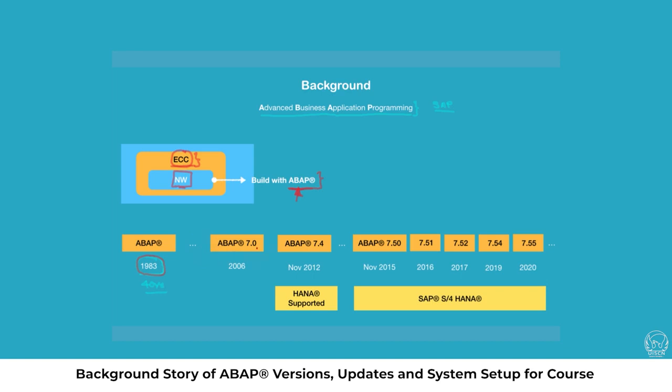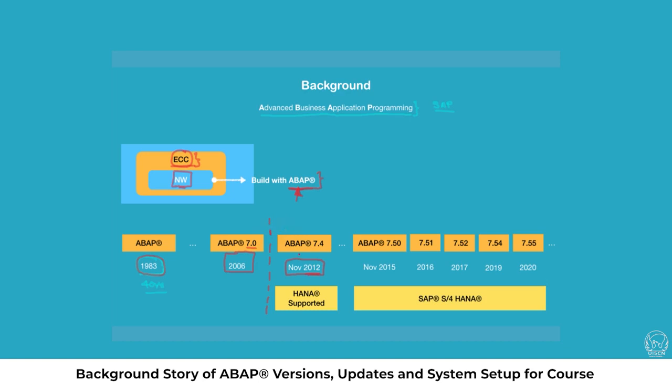But primarily, if you see the timeline, in 2006 we have the main release of ABAP 7, and in 2012 we got the release of ABAP 7.4. This is the time when we saw a major shift in development within SAP when using ABAP.